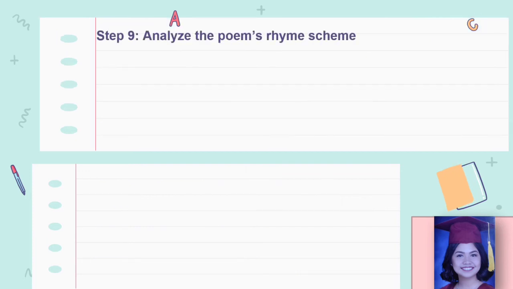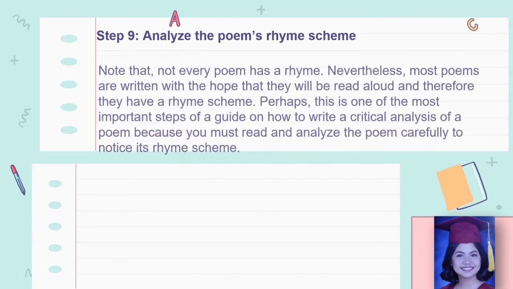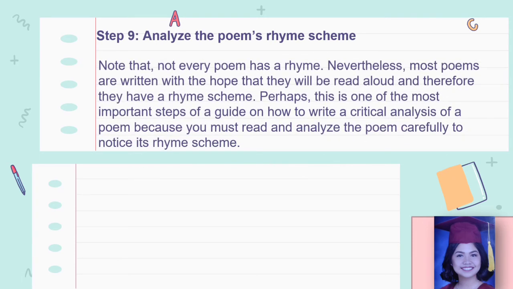Step 9. Analyze the poem's rhyme scheme. Note that not every poem has a rhyme. Nevertheless, most poems are written with the hope that they will be read aloud, and therefore they have a rhyme scheme. Perhaps this is one of the most important steps of a guide on how to write a critical analysis of a poem, because you must read and analyze the poem carefully to notice its rhyme scheme.